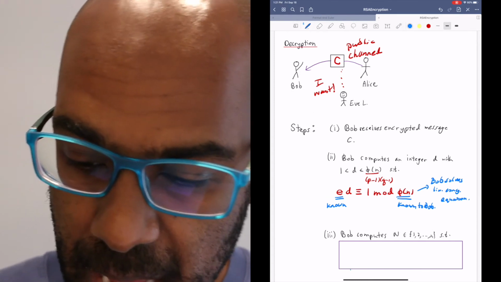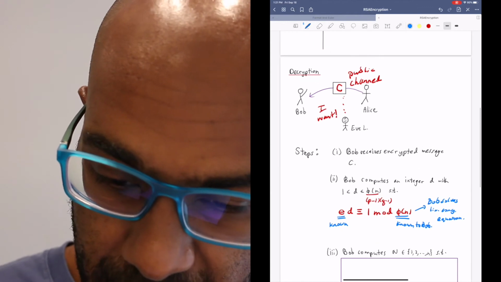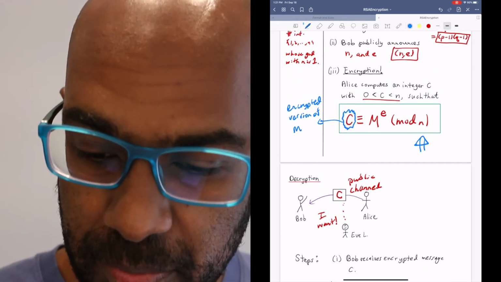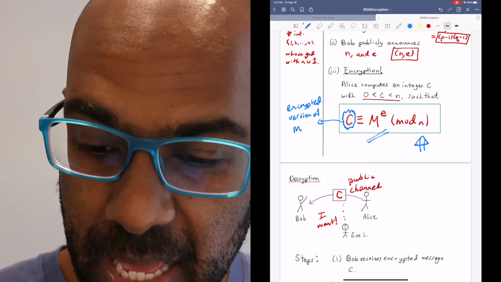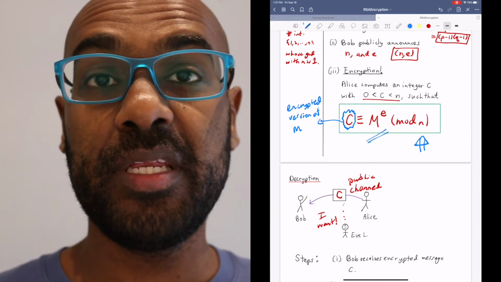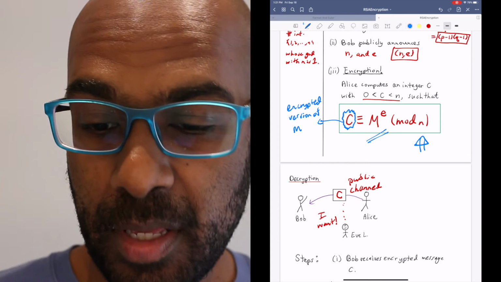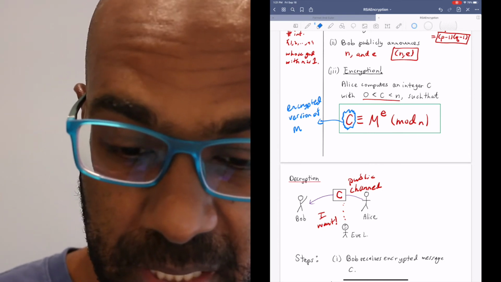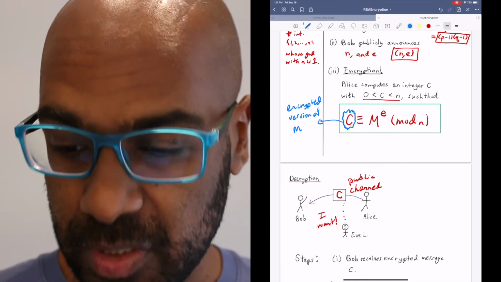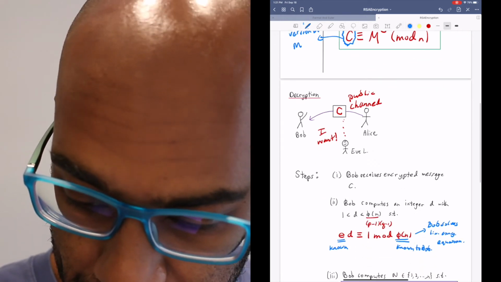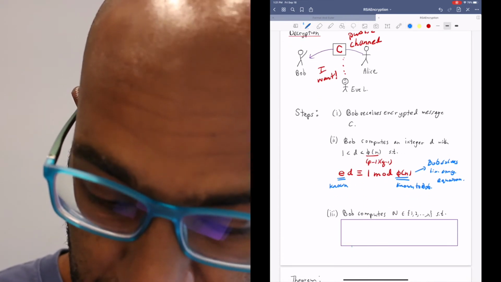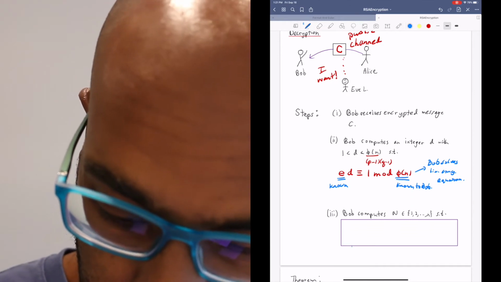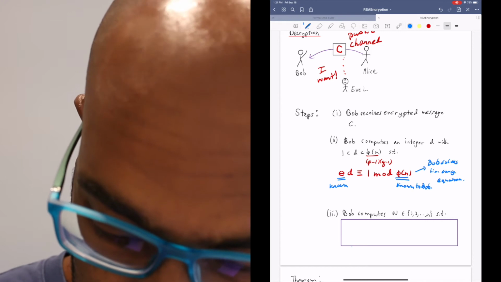Okay, I should mention some of the mathematics that goes into doing this. This requires computing m to the e mod n, which you can do by repeated multiplication of m, combined with using some of the tools that we talked about in modular arithmetic to reduce powers of m mod n. Okay, but now Bob can compute this D, and D has a name. D is called the decryption key.